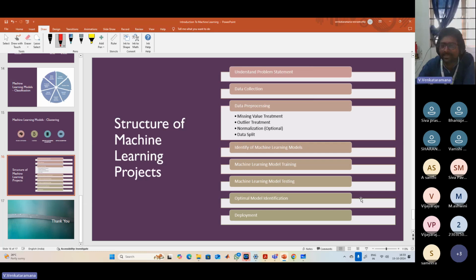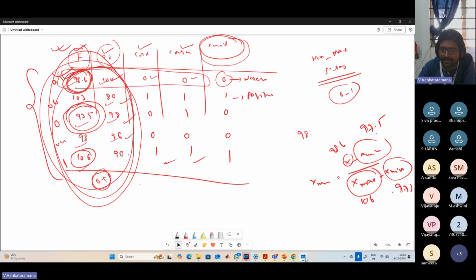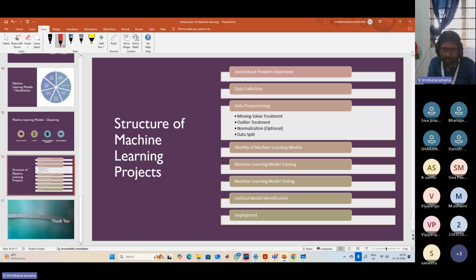Data split means, you have 5 samples of data, right? For the next 10 minutes I will explain about the data split, and the remaining part we will discuss tomorrow.